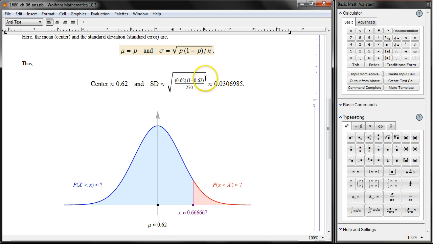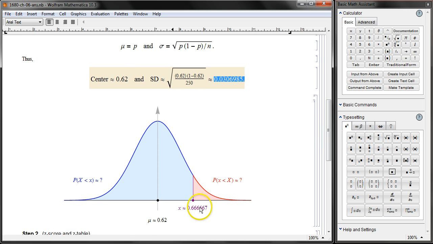In this case, the square root of 0.62 times 1 minus that over 250. 0.62 times 0.38 over 250, and then calculate the square root. Doing everything, we get this number. This number will go down to the denominator.